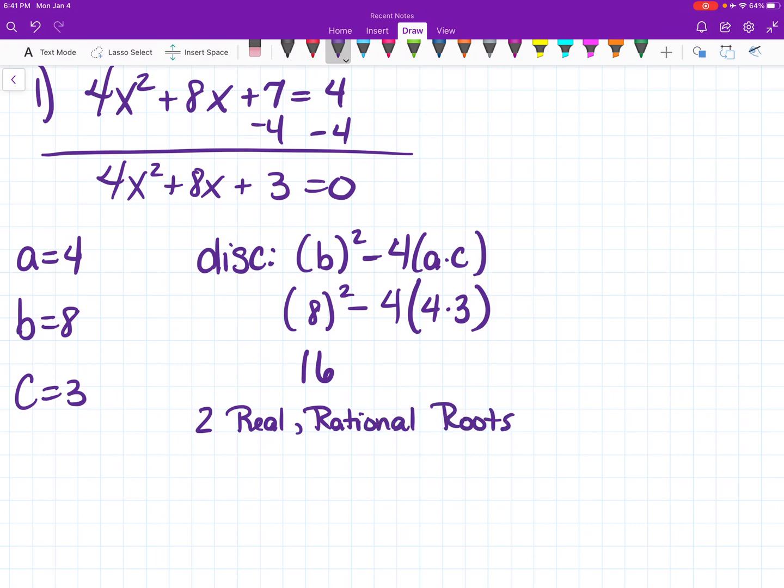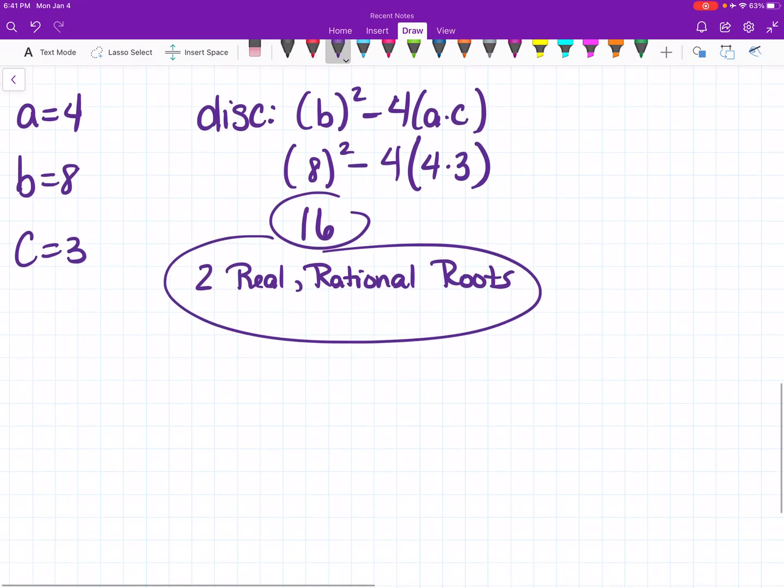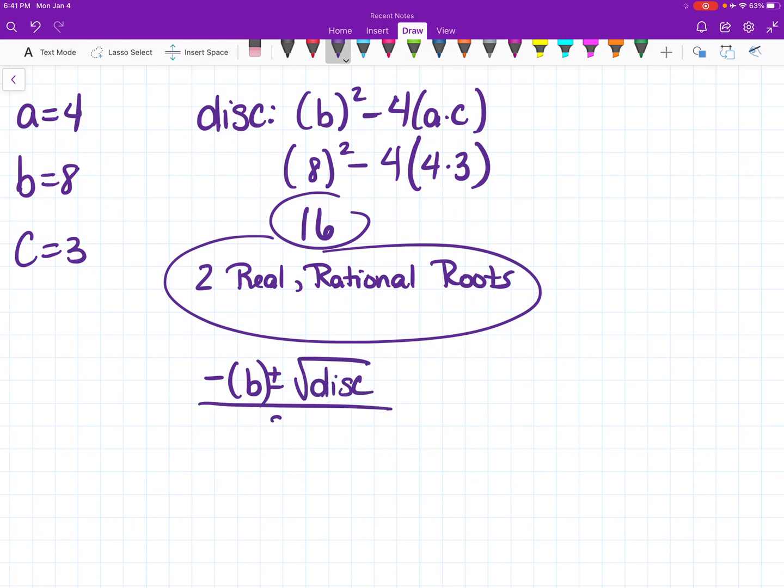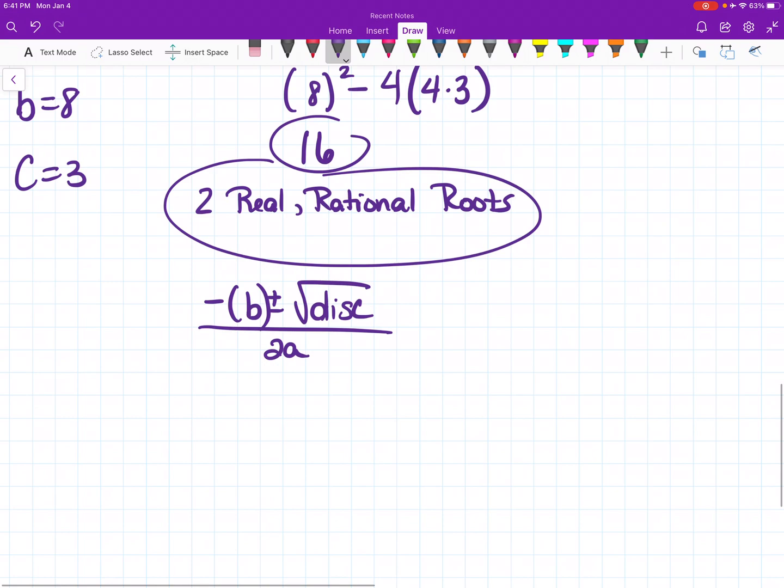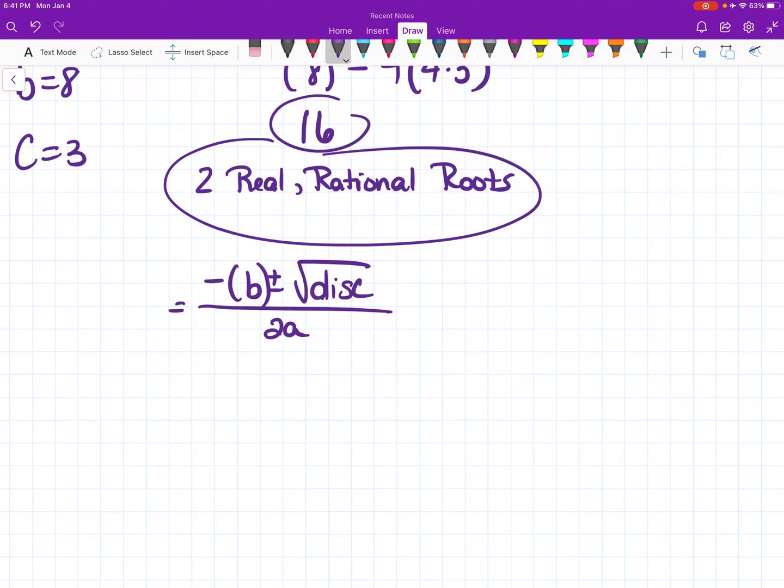So that's our first question. I'm going to ask you, what's the discriminant? Then I'm going to ask you the type of roots, and then I'm going to ask you, what's the solution? Okay, so this is where we finish out negative b plus or minus the square root of the discriminant all over 2a. And this is x equals, because we're finding the solution.